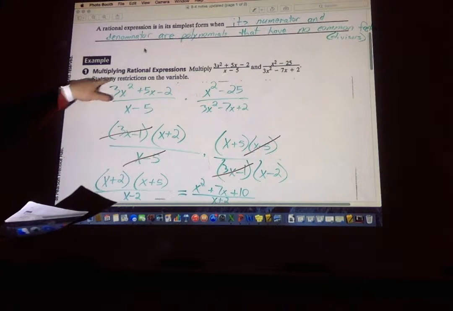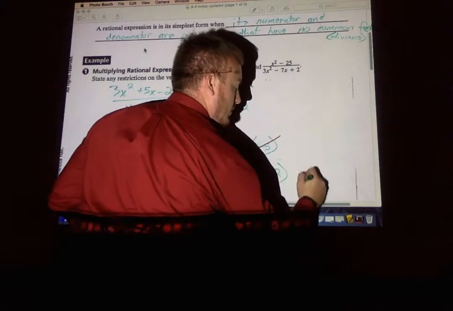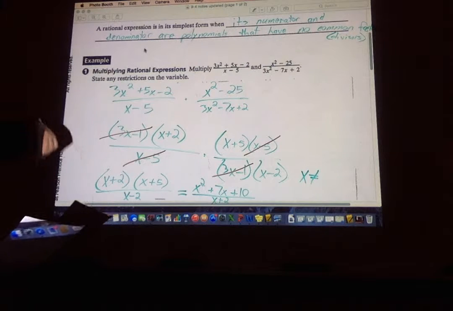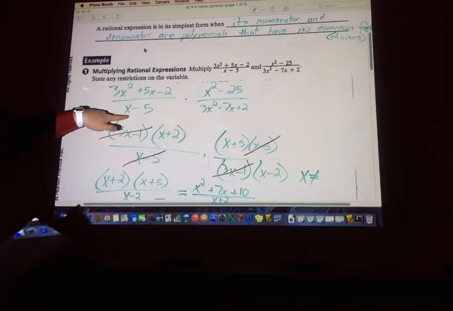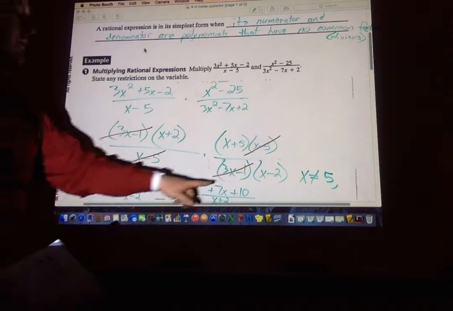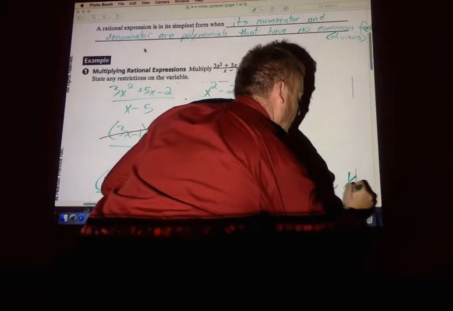The next thing, state any restrictions. That's very important. What can x not be equal to? What will make this undefined? Well, right here, this will make it undefined. So that's 5. X cannot be equal to 5. What else can it not be equal to? Well, this will get me 1/3. So it can't be 1/3.